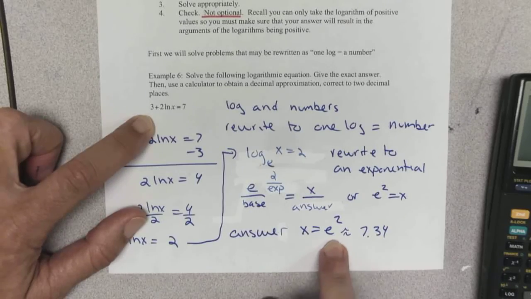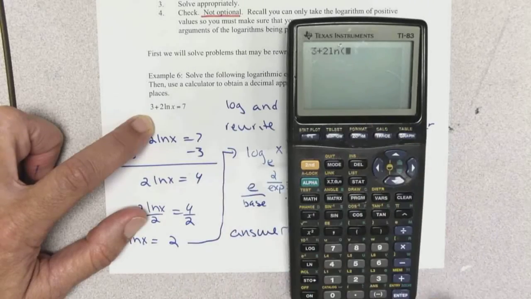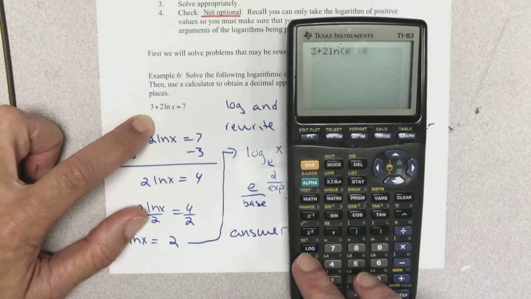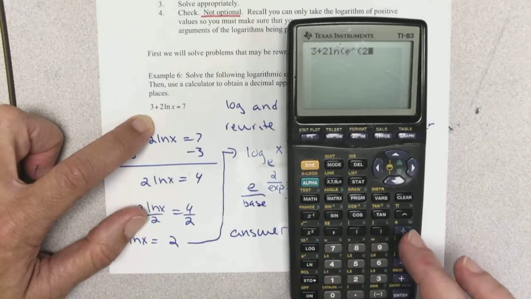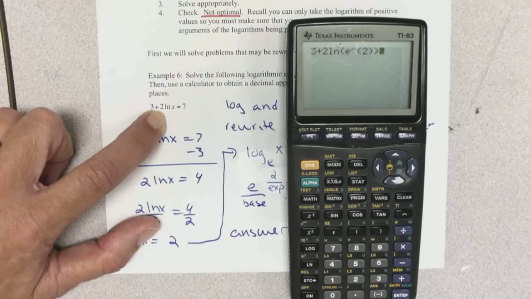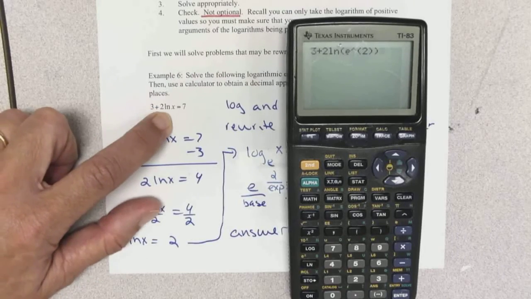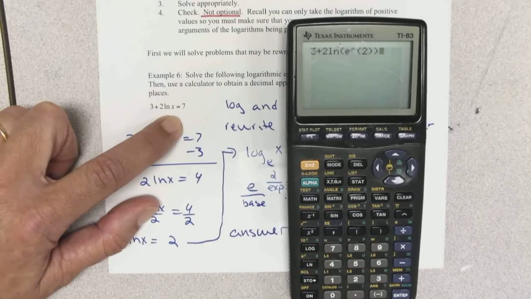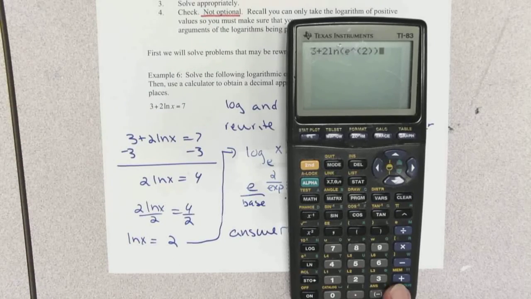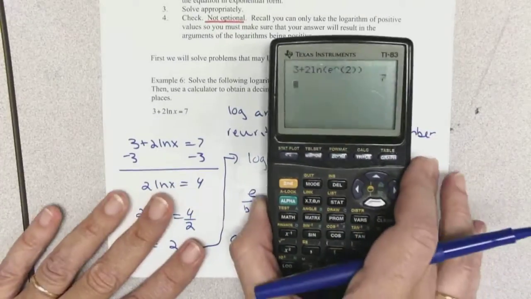So 3 plus 2, natural log, now e squared, so second natural log, e squared. So I just plugged in e squared into this equation, we said x was e squared, and now hit enter. And indeed, it is 7. So it does check.